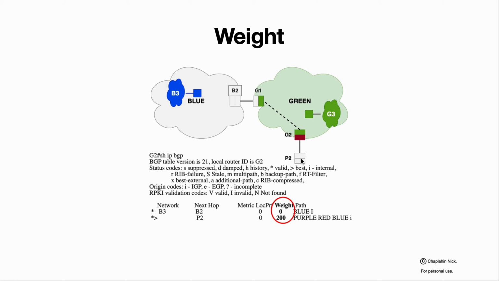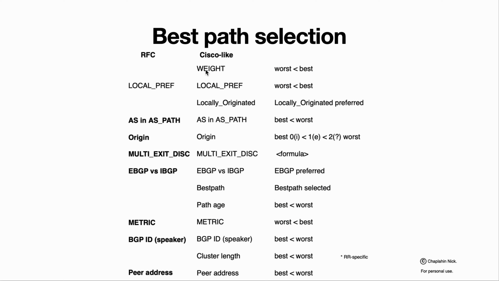All paths that have this peer as a next hop will be selected according to weight. If there are multiple, all paths that do not have the best weight will be sorted out. If we still have multiple paths with the same weight that was best, we go to the next stage, local preference.